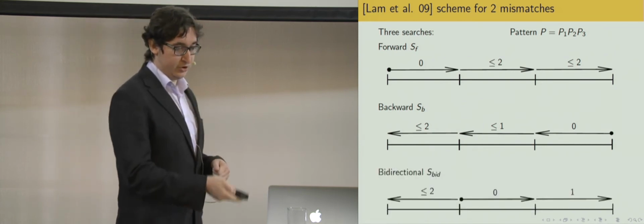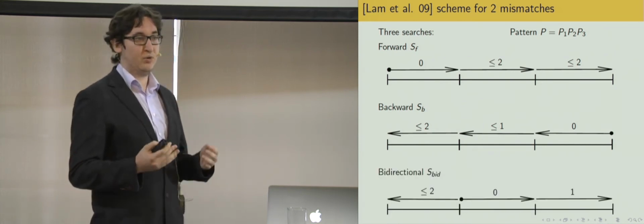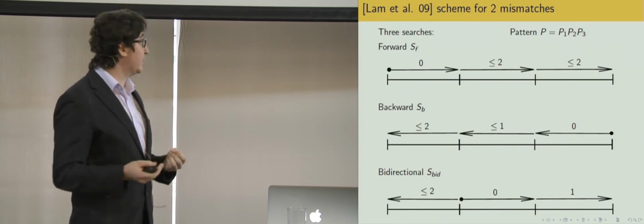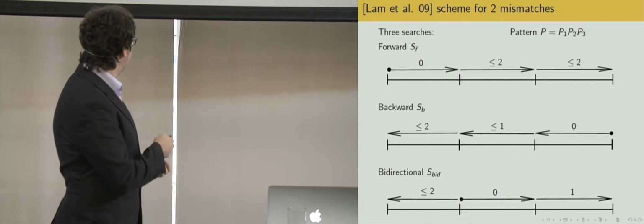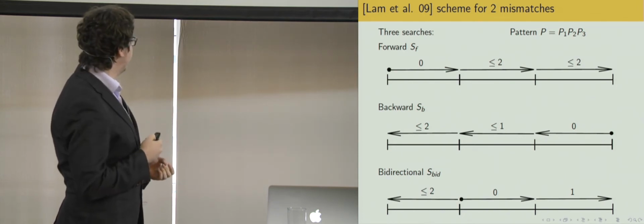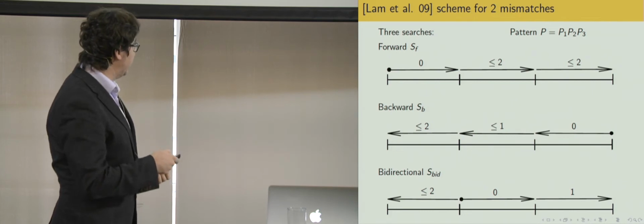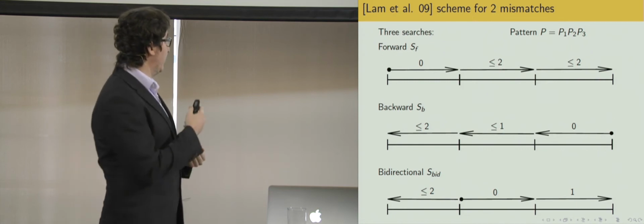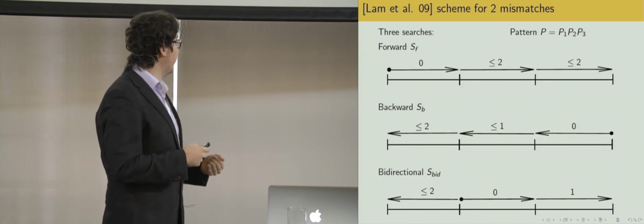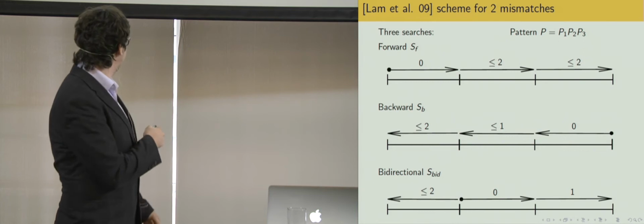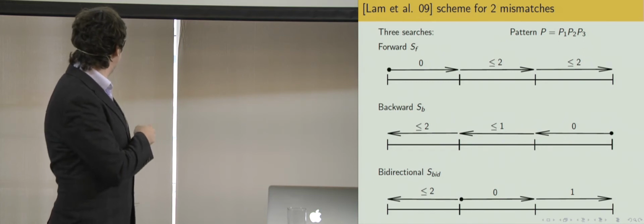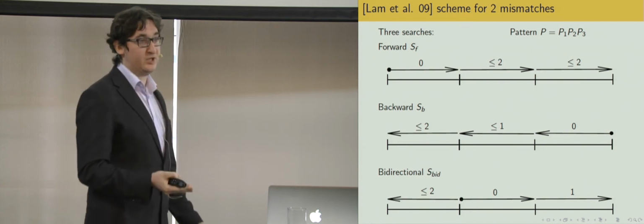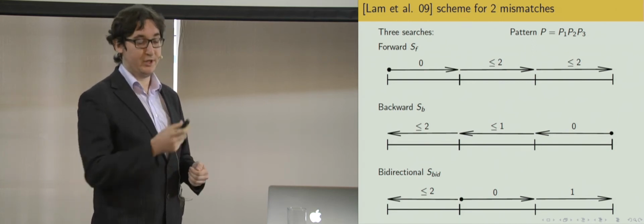And the third search is the most interesting one because it uses the bidirectional property of the bidirectional FM index. We start with the exact matching of the second part, then continue to the right in a forward way, allowing one mismatch in the third part, and then we change direction and continue with matching of the first part, allowing 2 accumulated mismatches. So we use the bidirectional property here.